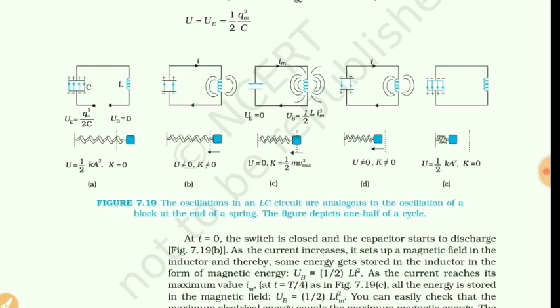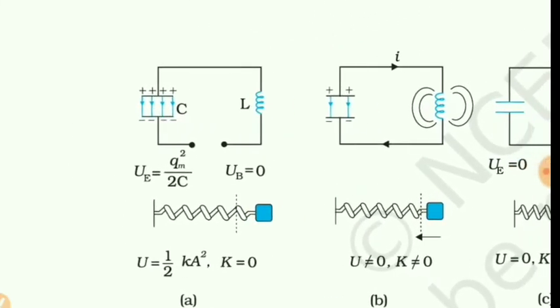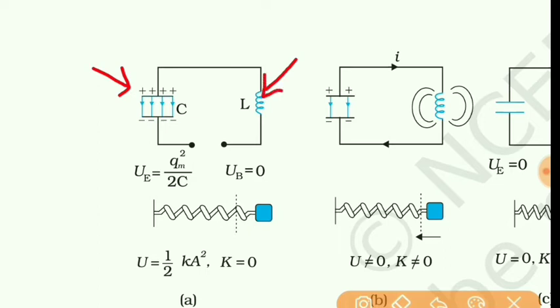Now students, let us understand this. Initially the charge on the capacitor was maximum and the magnetic field associated with the inductor is 0. So the energy is stored in the capacitor in the form of electric field, and the energy associated with the inductor will be 0.